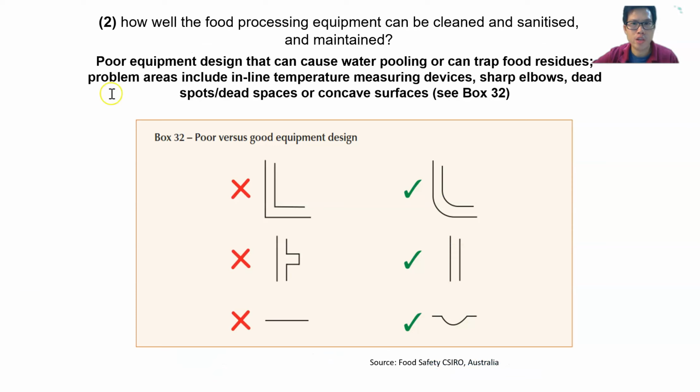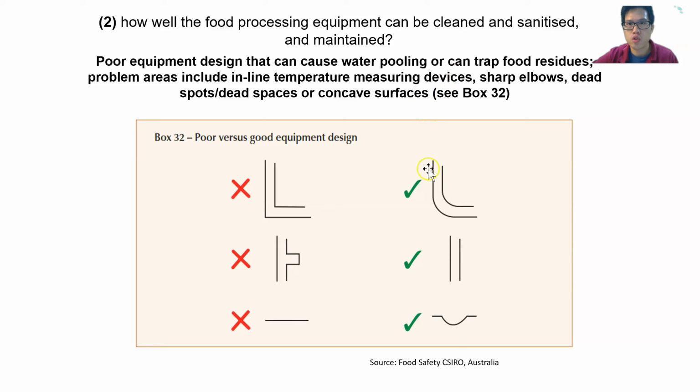And try to get equipments with a good design, usually round or straight, without all these funny areas. With these areas, food items and processed food items can get stuck in there. Once it's stuck there, obviously without being able to clean it, microorganisms can grow.